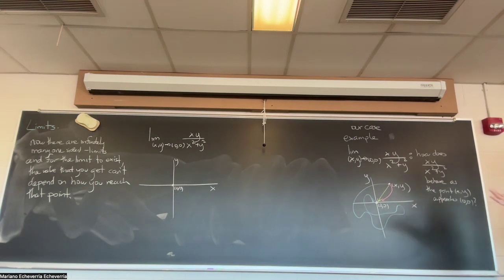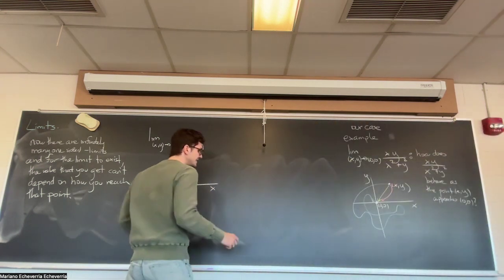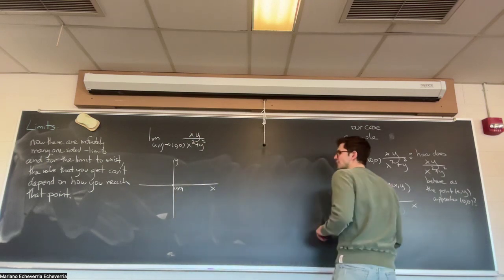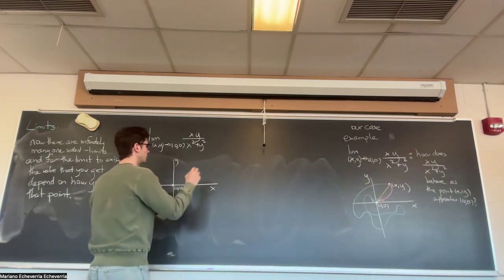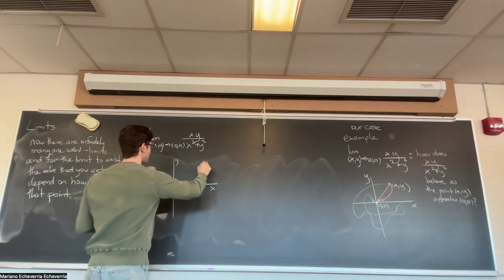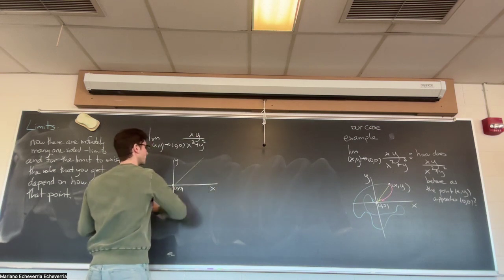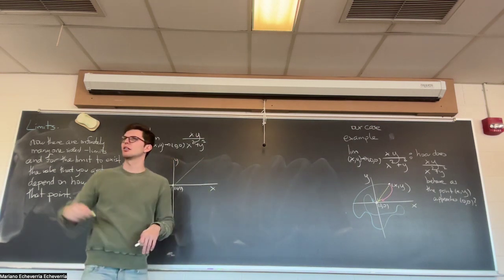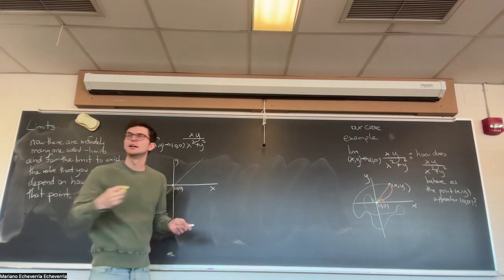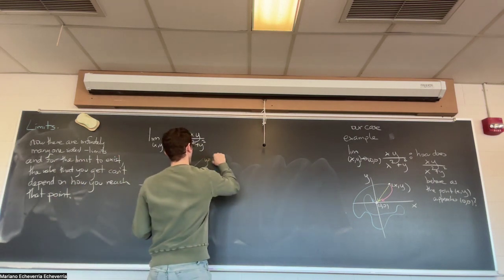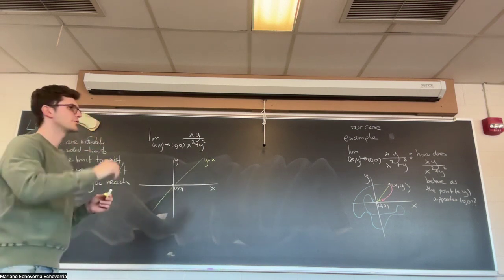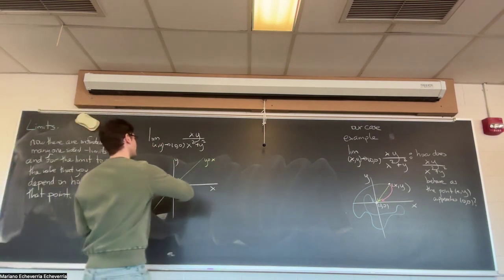There are tons of options, but let's start with something simple, and then I'll give you a more general method that works. You could just move along the line y equals x. Just imagine that you have the line y equals x, and you're going to start.